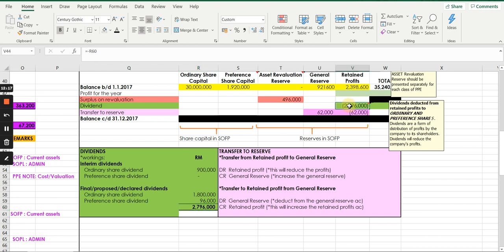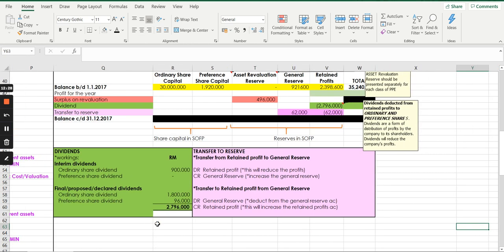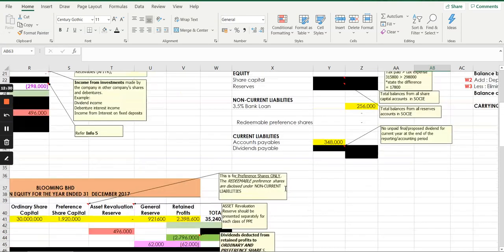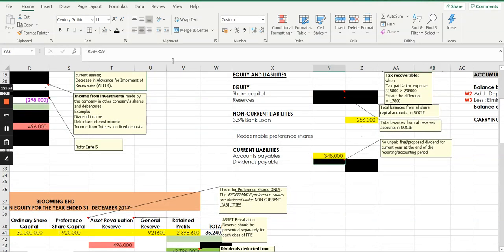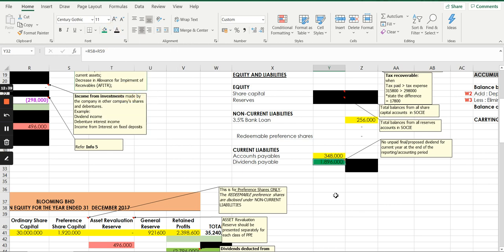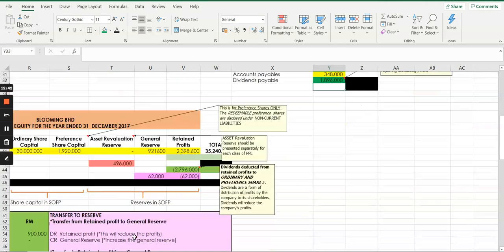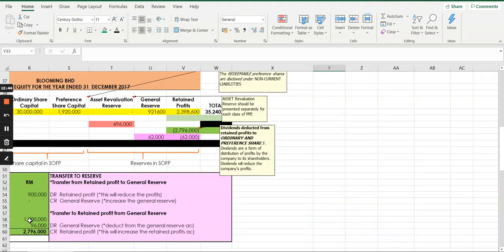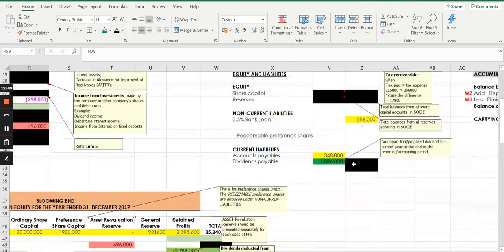So 2796 here. And this amount, as I said earlier, is your current liability, because you declare, you incur, but you do not pay yet. So that one has to be your current liability. So that dividend figure there, 1896, which is the 1.8 plus 96 here, the one from ordinary and the one from preference, right?